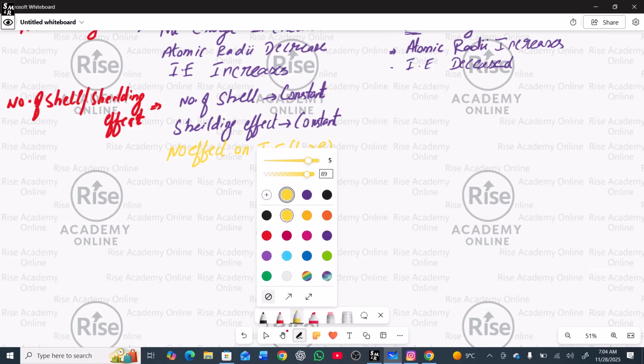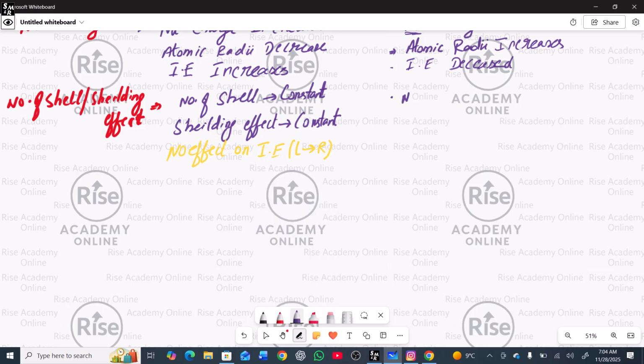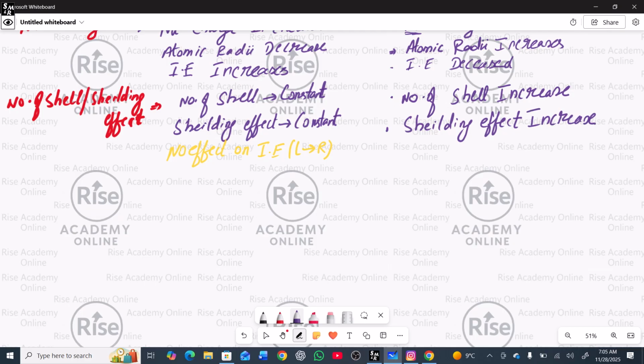When we discuss this factor from top to bottom in a group, you know that the number of shells increases, and due to the increased number of shells, the shielding effect also increases, and due to this, the ultimate effect is on atomic radii.